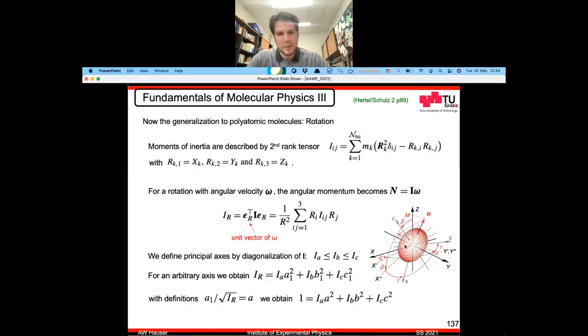So I'm getting these 3 values. I'm giving these values names, IA, IB, and IC, with the convention that IA is the smallest moment of inertia.